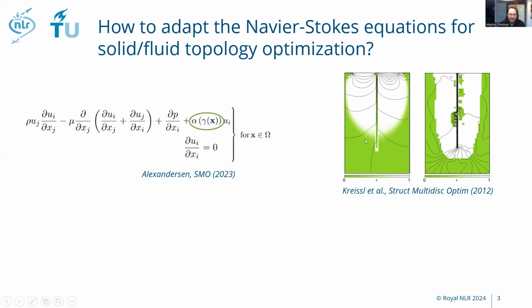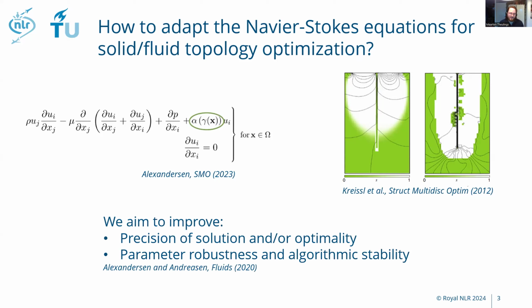We can make two mistakes. We can select it too low, and then if you have a problem with a thin solid wall, you can get a lot of flow going through such a porous solid wall. Or we can select it too high, and that may cause us to end up in an ill-performing local optima, where we have many leftover features from the iterative optimization process.